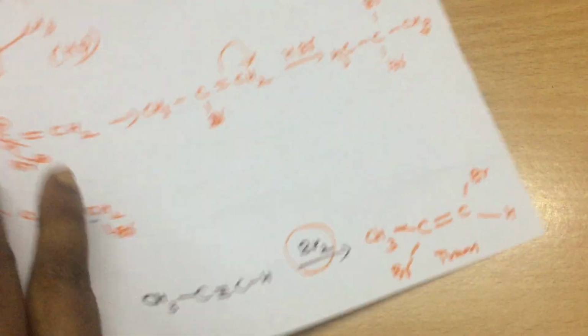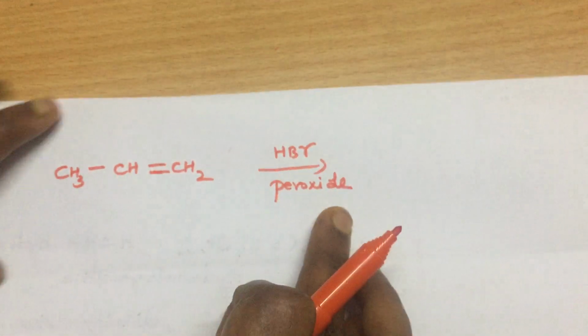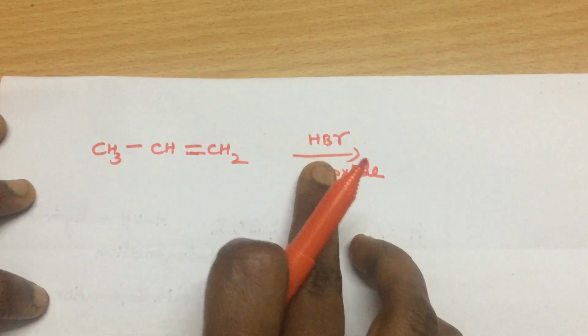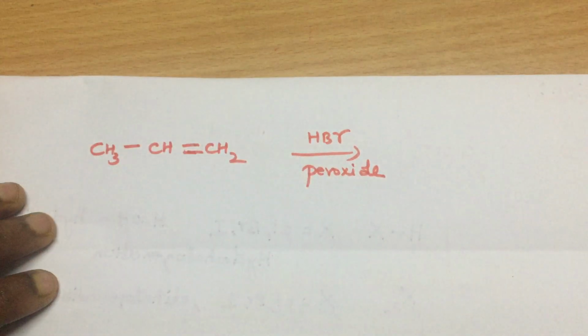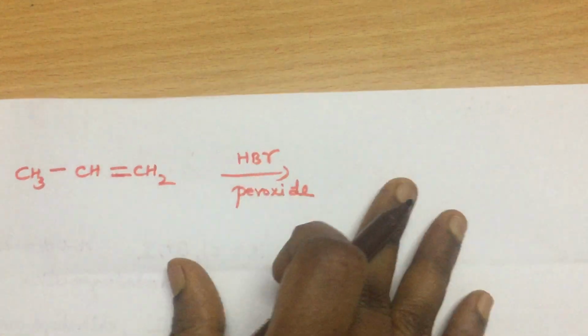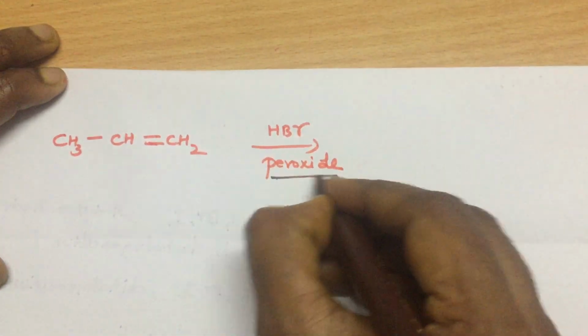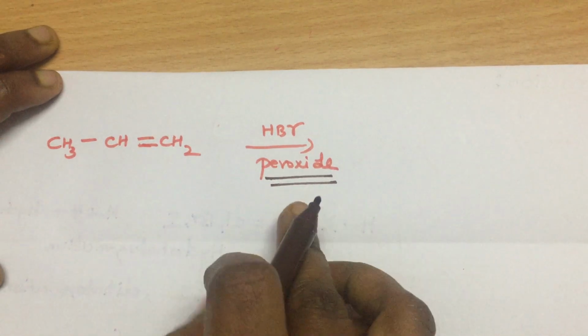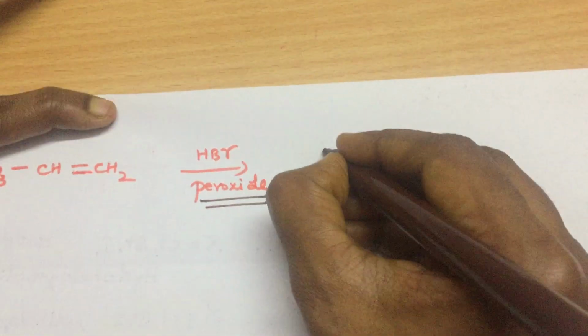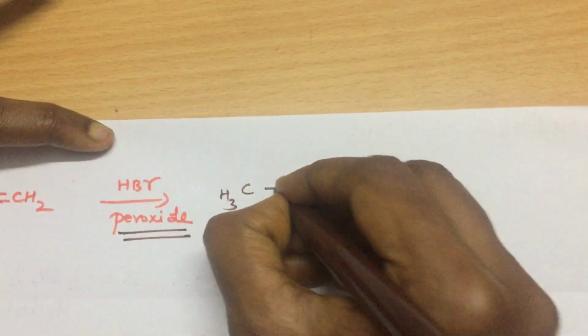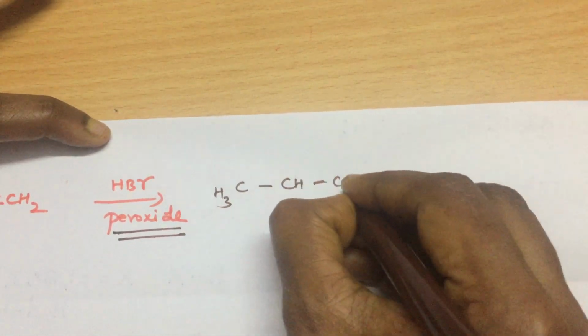Now one more thing I want to tell you before giving you the test yourself question. If HBr addition happens in the presence of peroxide, what will be the product? Students, you must remember this: if the HBr addition takes place in the presence of peroxide, you will get the anti-Markovnikov's product. What is the anti-Markovnikov's product?